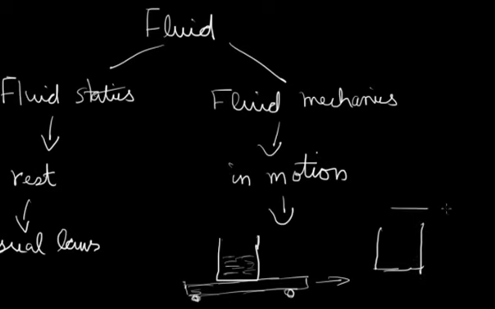Naturally, if the direction of acceleration is in the direction pointed by the arrow, the fluid will take a shape like this. So you have an angle which is formed at this particular position.